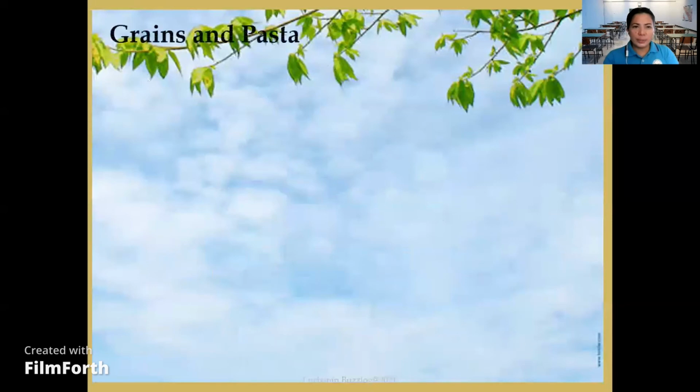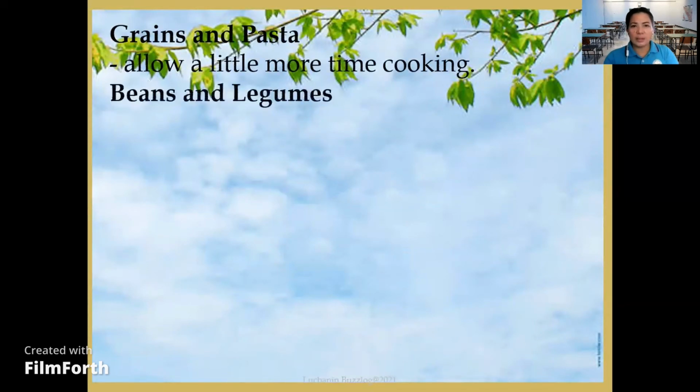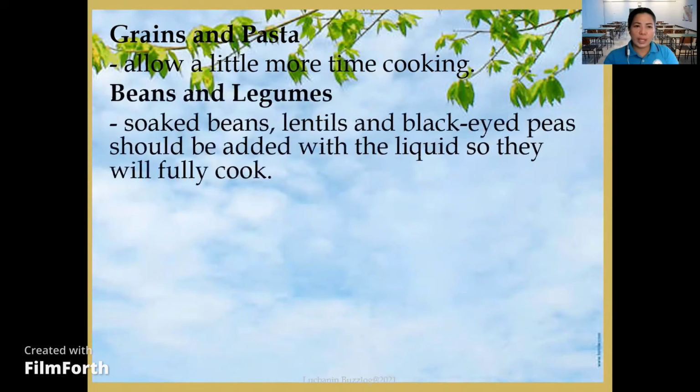Okay. So another one po ay meron tayong greens and pasta. This allows a little more time for cooking. Beans and legumes. Ayan. Soaked beans, lentils, and black-eyed peas should be added with the liquid so they will be fully cooked.